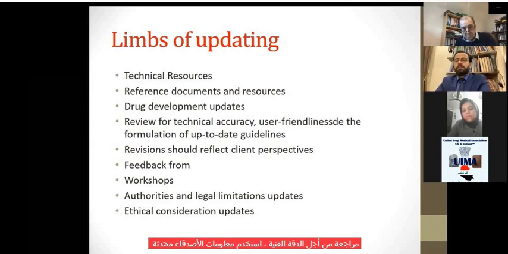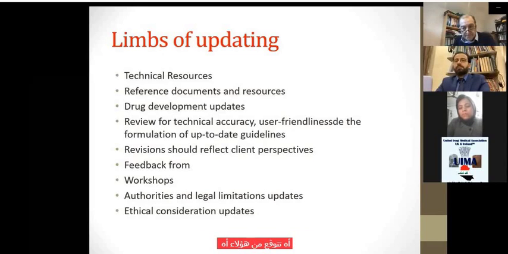Use friendly information, up-to-date guidelines. As we said previously, revisions should reflect client perspectives, what the patient expects from the service. What are the opinions of the clients and service users, the people who are benefiting from the service?